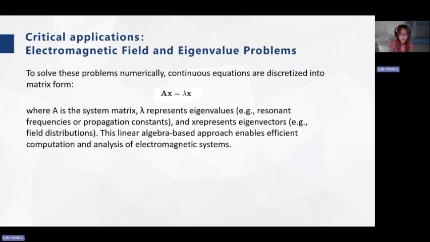And then to solve this problem numerically, continuous equations are discretized into matrix form, where A is the system matrix, lambda represents eigenvalues, for example, resonant frequencies or propagation constants, and X represents eigenvectors, for example, field distributions. This linear algebra-based approach enables efficient computation and analysis of electromagnetic systems.